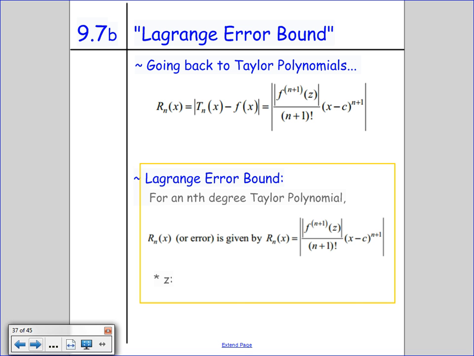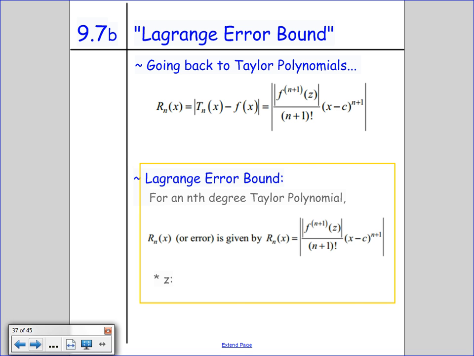Taylor polynomials would be 9.7b. You can change it. It's 9.7b, not 9.8b as on your worksheet. That's my bad.